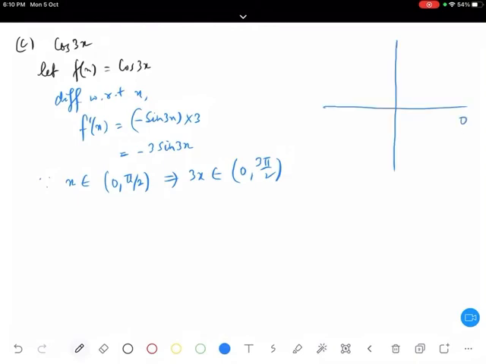Look at here, 0 in here, then we have pi by 2, then we have pi in here, and 3 pi by 2 in here, right? Now again you see the function f dash x is sine 3x. So again we need to know in which quadrants the trigonometric function sine 3x is positive.